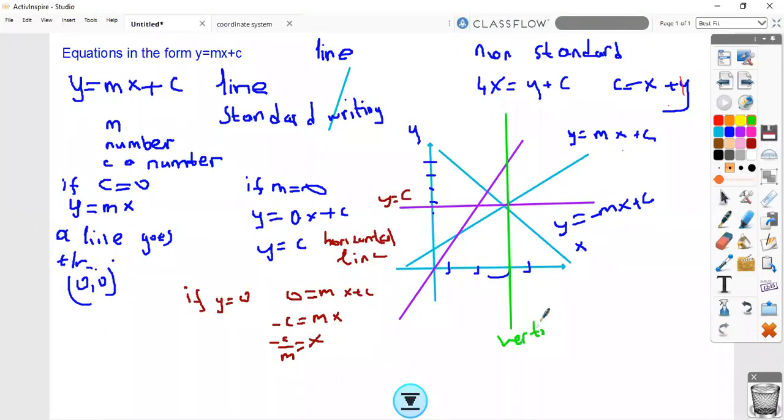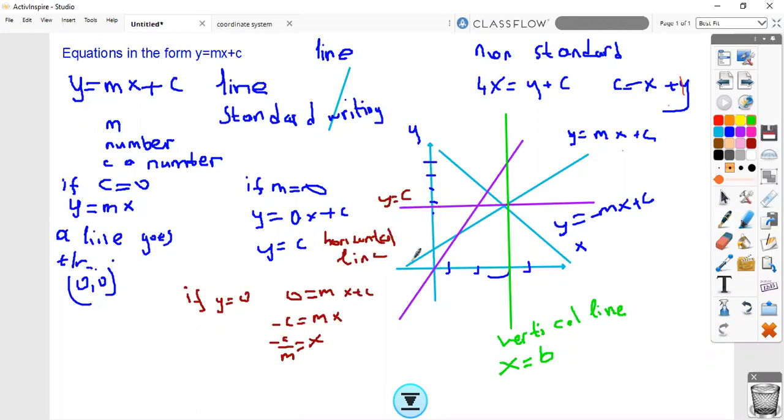It goes like this, in this form. Here we can say for a vertical line, x can be any number, like b. Here, for the horizontal line, y is equal to c.